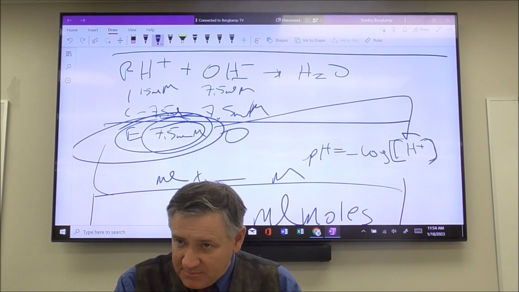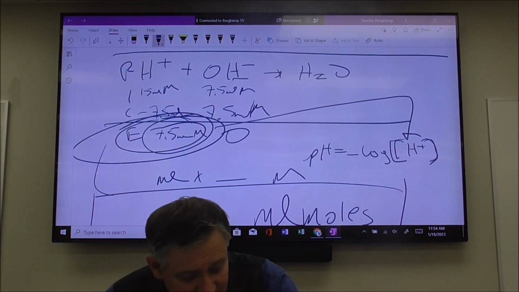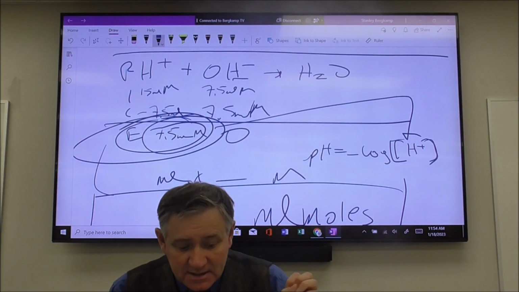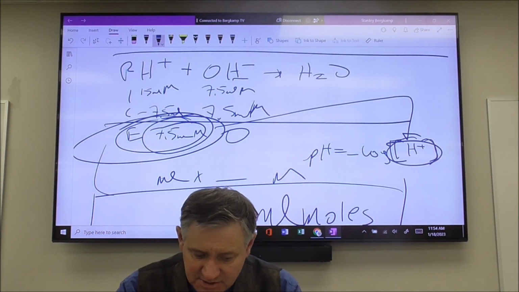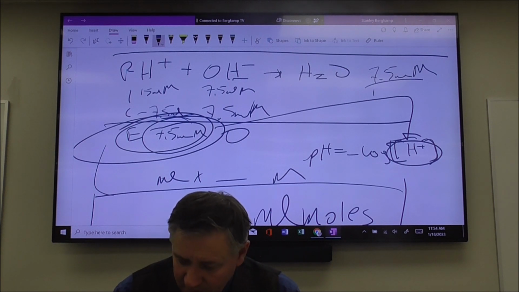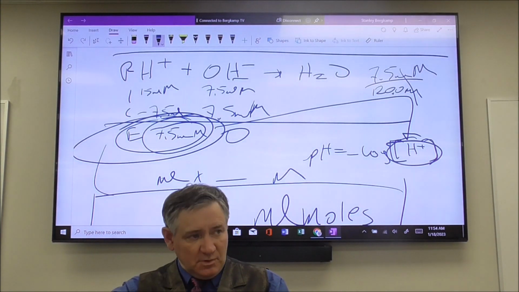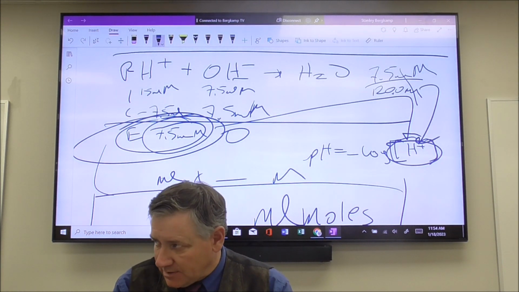I've added 60 milliliters of acid and 60 milliliters of my base, so my total volume is 120 milliliters. So I take those 7.5 millimoles and divide by that total volume of 120 milliliters. My milliliters cancel out. I have molarity, that's what I'm after, that's what I can put in here.